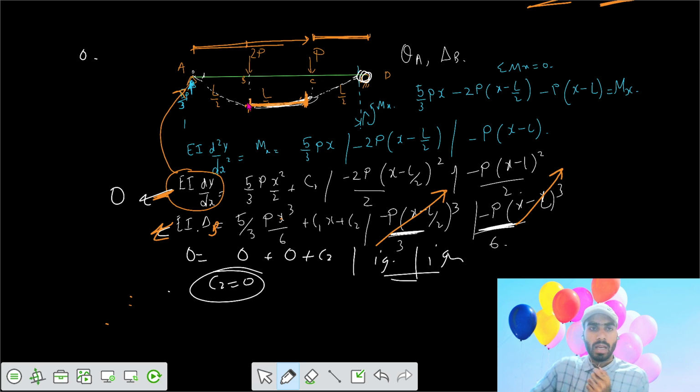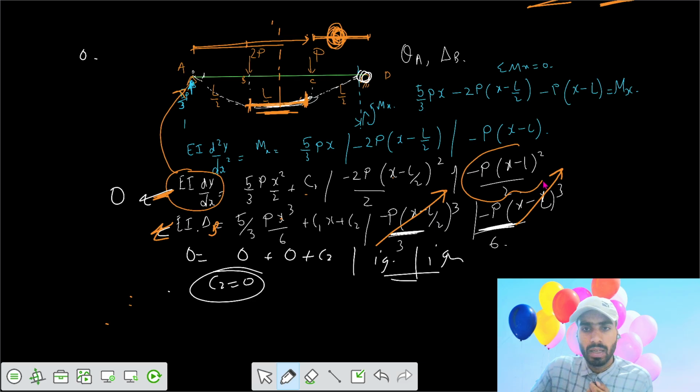So if theta should be 0 somewhere here, we have to ignore that moment equation of this part. So if you write that theta is 0 here, then this part is okay, c1 is also okay, x is also okay, but this part we can't write, we have to ignore this part.